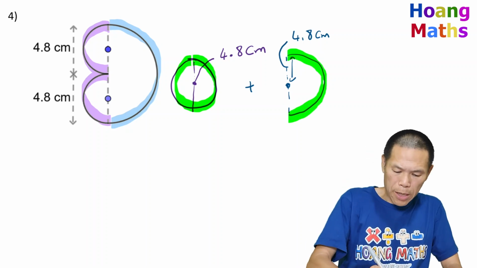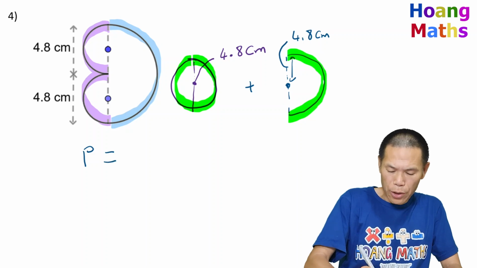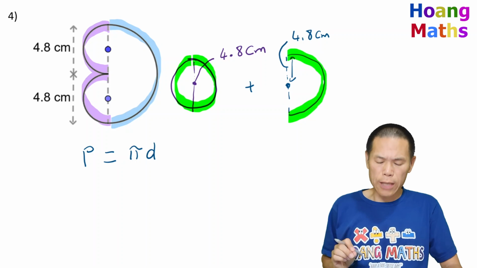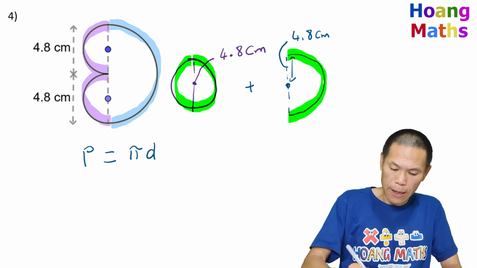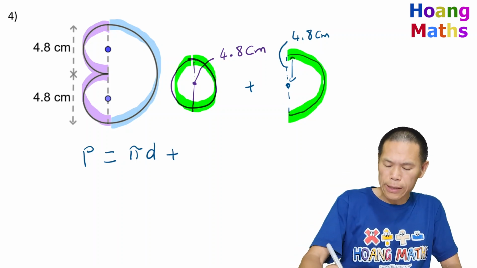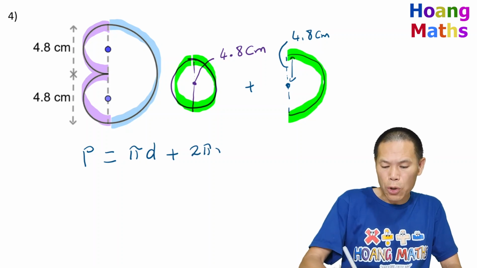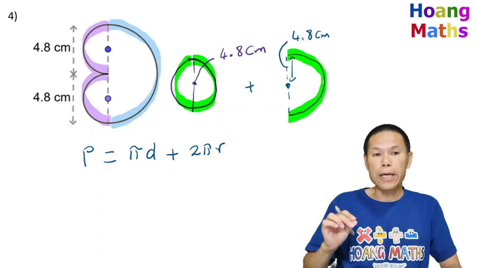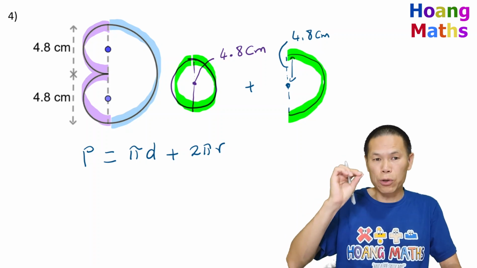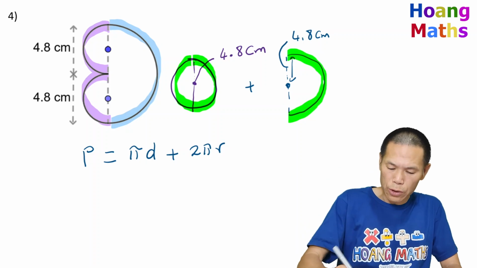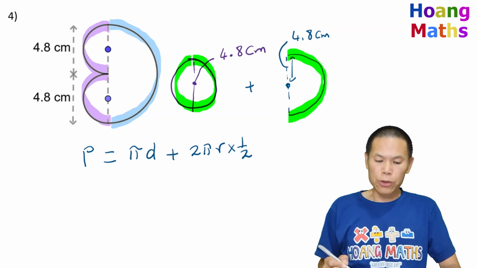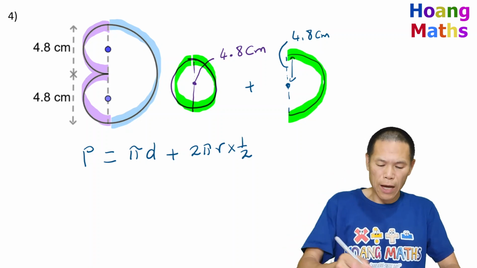Now let me just write P. Perimeter is pi d, because the small circle, we know the diameter is 4.8. And we plus this semicircle, which is 2 pi r, because we know the radius of the larger circle is 4.8. And we need to times by a half, because only half of a circle. So the circumference is 2 pi r, and we times by half. Now we just substitute this value in.